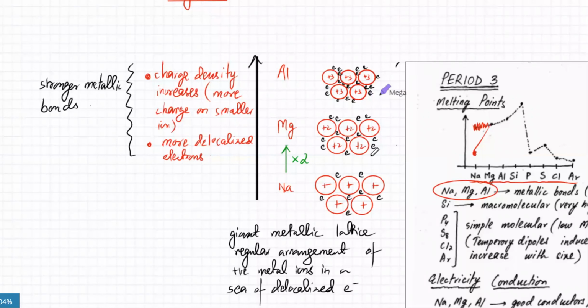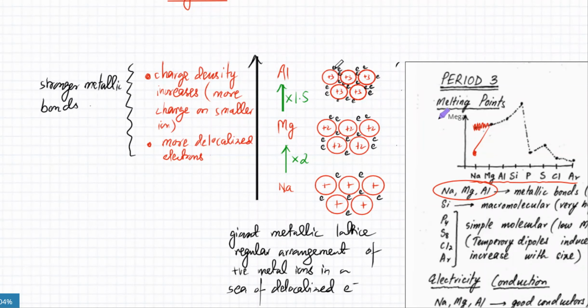But when you go from Mg to Al, it doesn't really double. Mg और Al में ना फर्क कम है, ठीक है? Mg is +2, Al is +3. So that means it only increases 1.5 times, right? Okay, the charges of Al and Mg, it's not doubling, it's +2, this is +3.